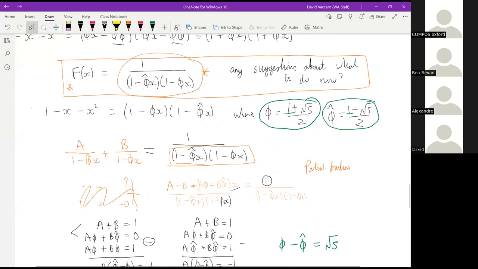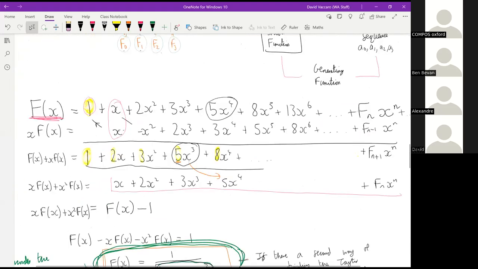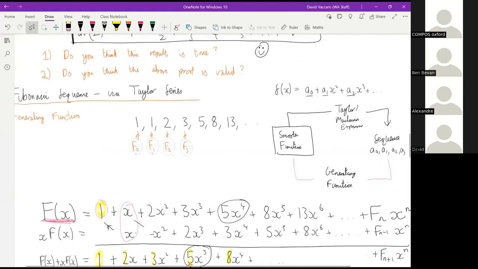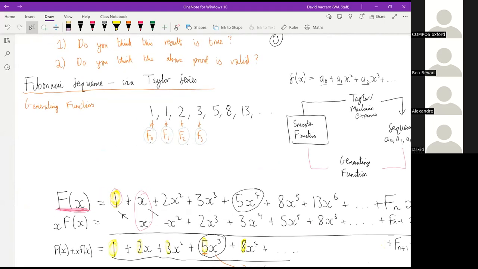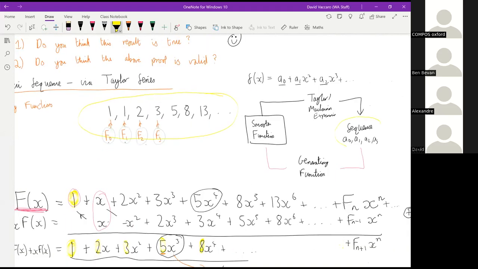Let's run this through from the beginning. I started with the Fibonacci sequence. I then decided that if I had a sequence, I could do the opposite of a Taylor-Maclaurin expansion and use the sequence to give me a function.